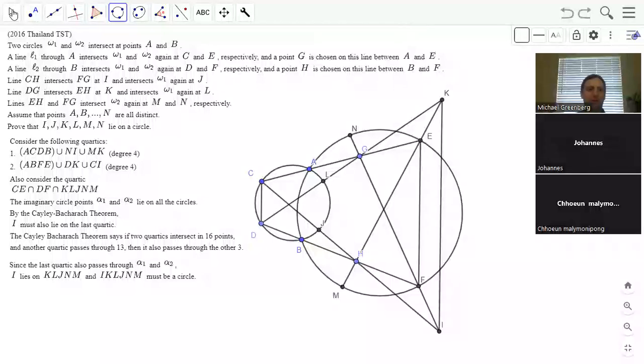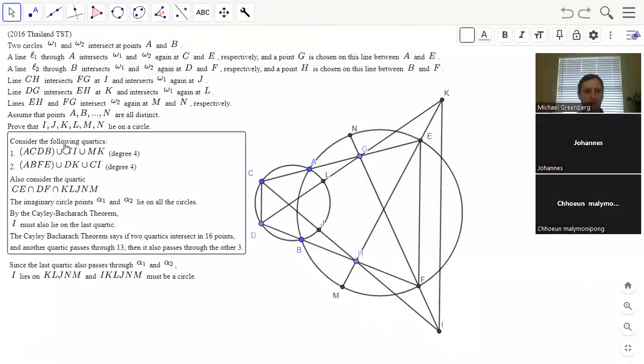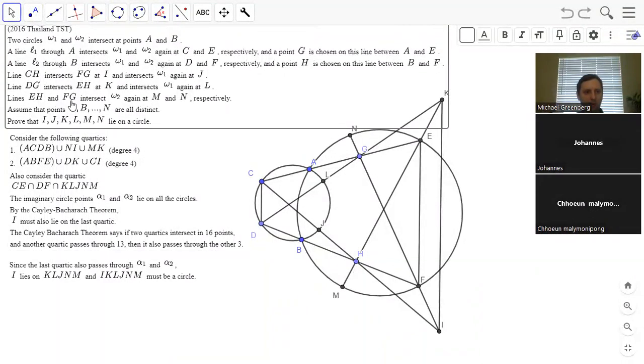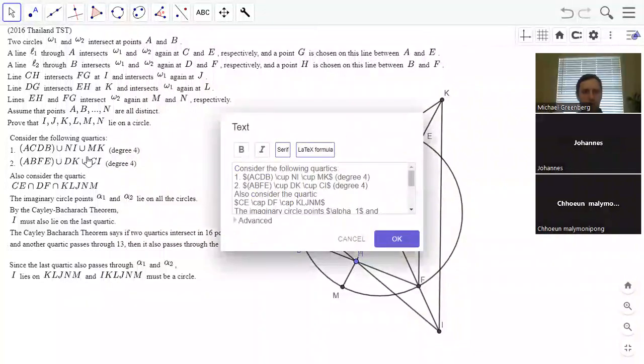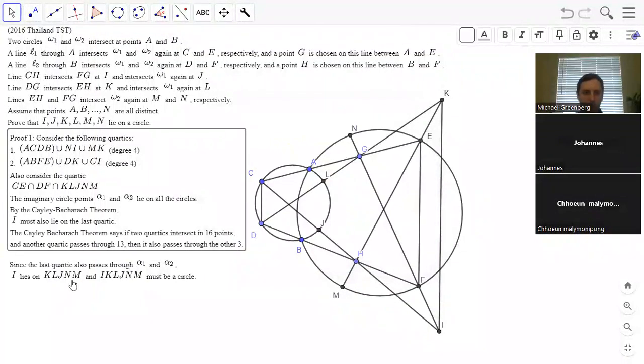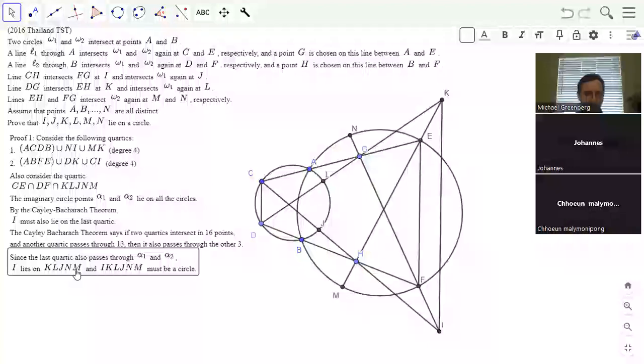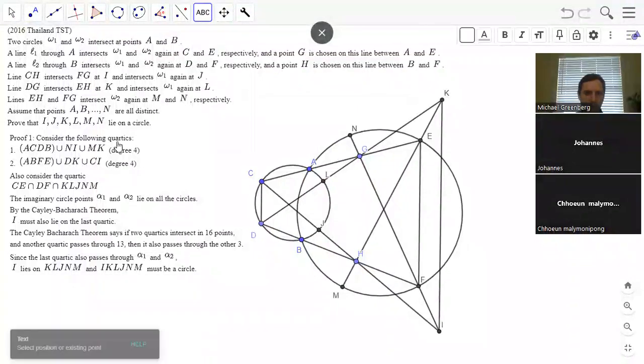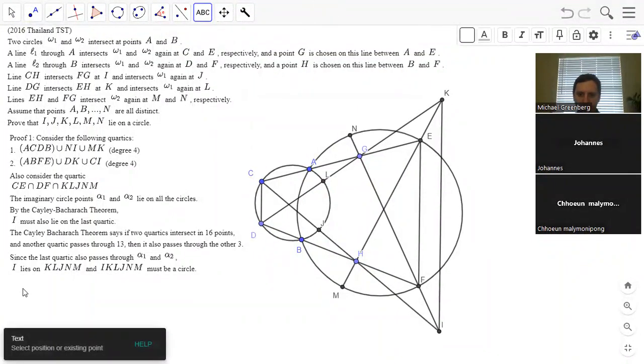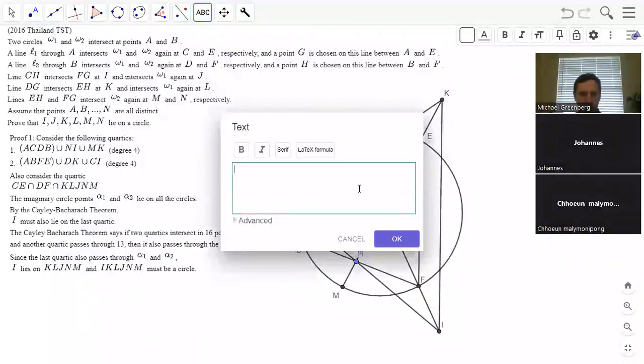So I'll say proof 1. And then we have proof 2. So proof 2 by Pascal's theorem, or Pappus's theorem.